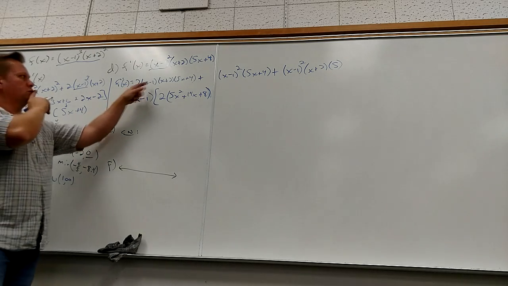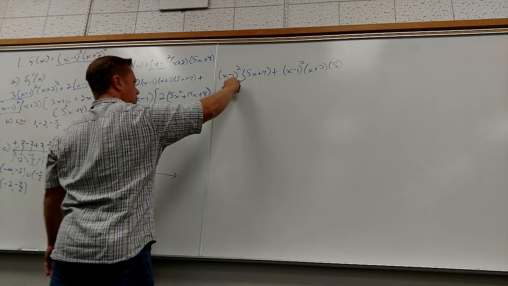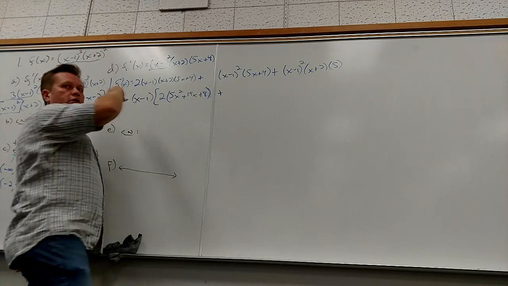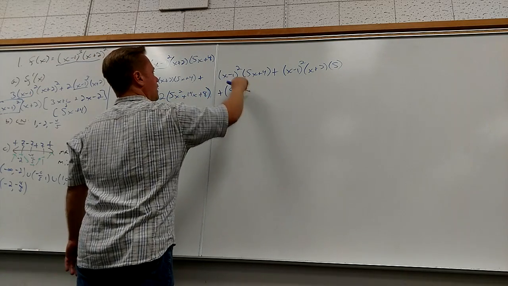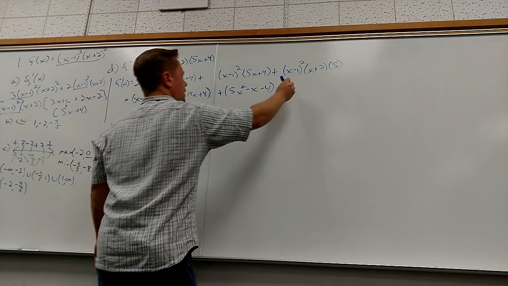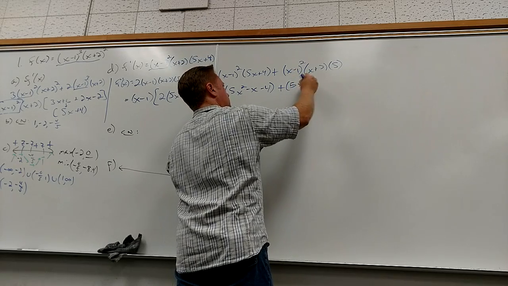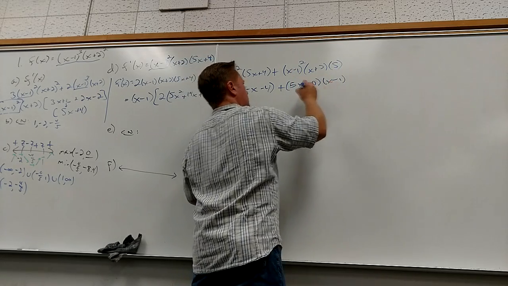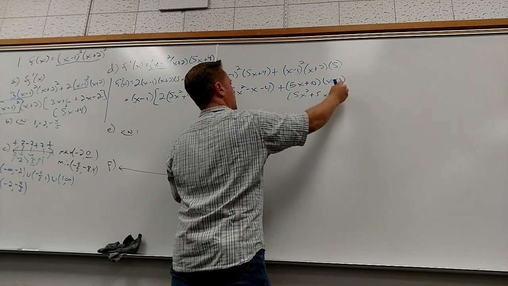Took an x minus 1 out, so it's 2 times this. Plus x minus 1 times 5x plus 4, because I'm taking one of those out. So it would be 5x squared minus 5x plus 4, so minus x minus 4 plus, let me write this for myself, 5x plus 10, x minus 1. So that's going to be 5x squared plus 10 minus 5 minus 10. Oh my God.